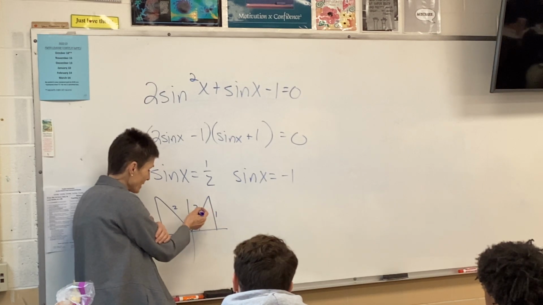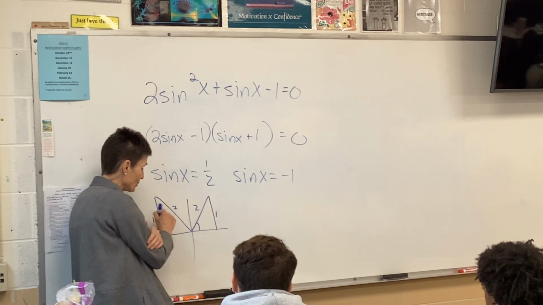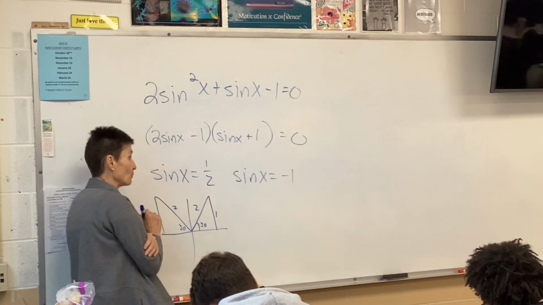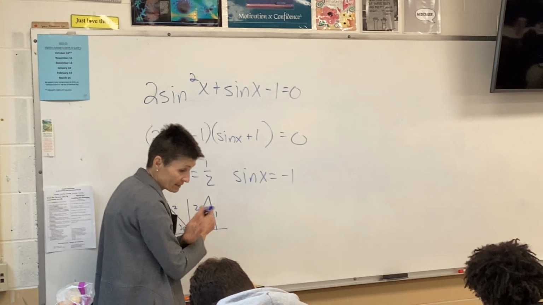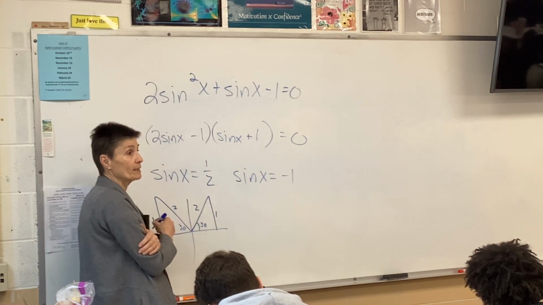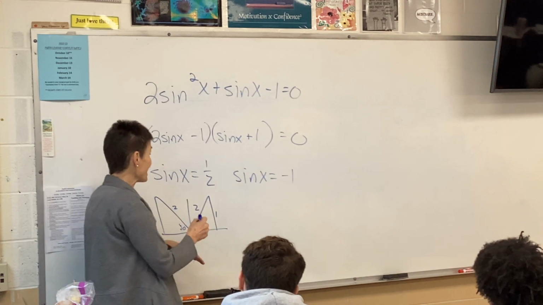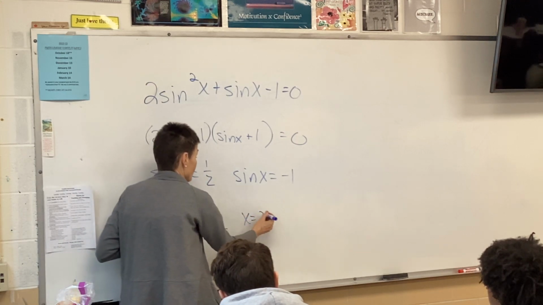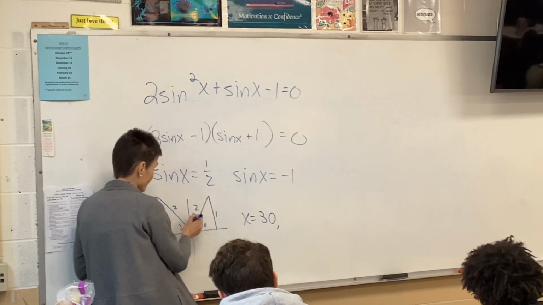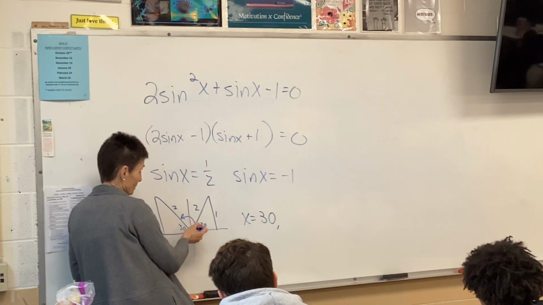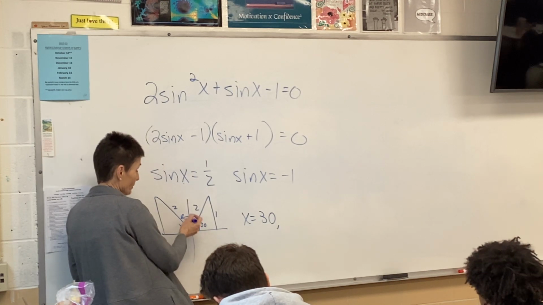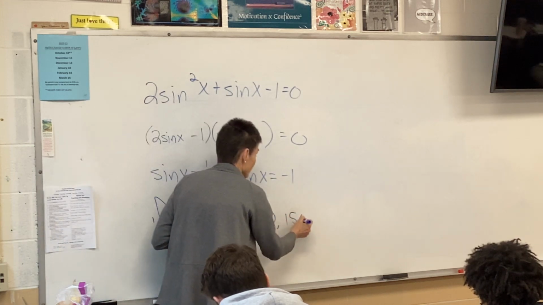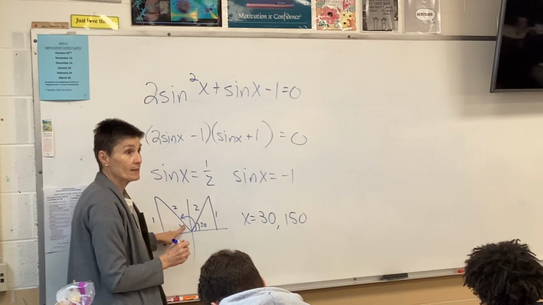That's a 1 and that's a 2, not a root 2. So this is 30, isn't it? Does it tell me degrees or radians? It doesn't say, so I'll go ahead and do this in degrees. So what are my answers to this part of the problem? X is either 30 or, what would that one be over there in quadrant 2? 150? 180 minus 30?